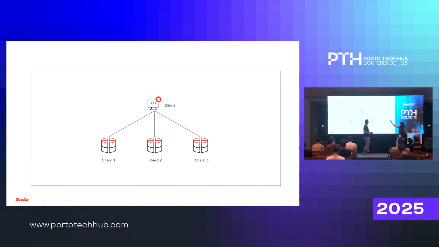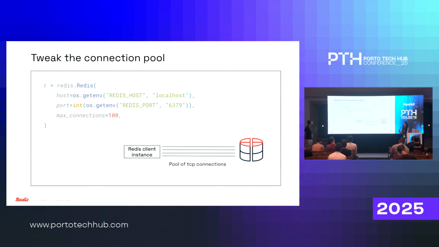So this image that I showed here before, it's not completely true, okay? So I lied a little bit. I didn't maybe lie, I oversimplified it a little bit. So it shows that the client keeps a connection to a shard, which is correct, but it doesn't keep one connection, it actually has to keep multiple connections.